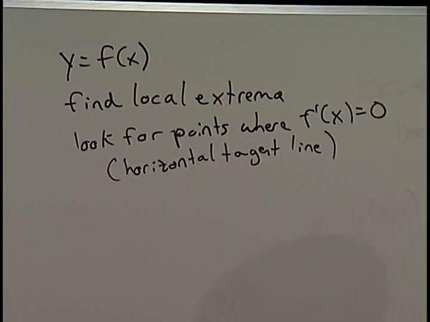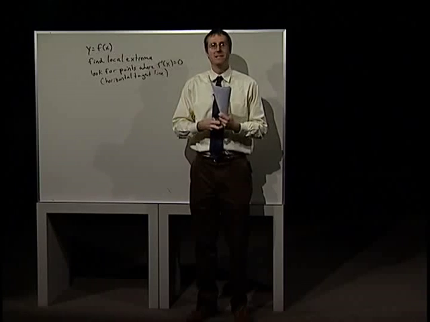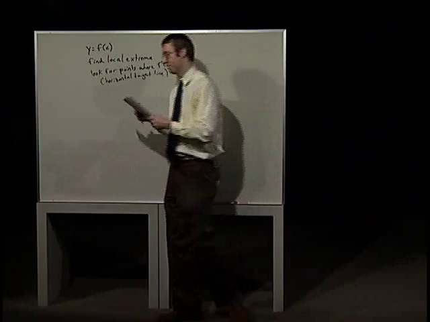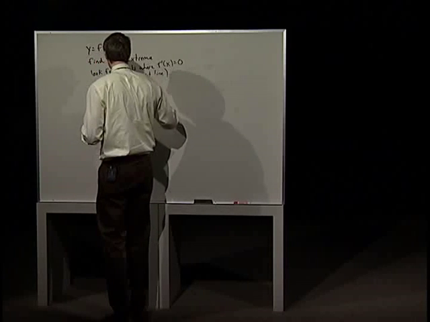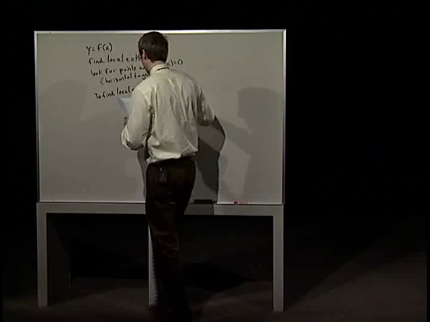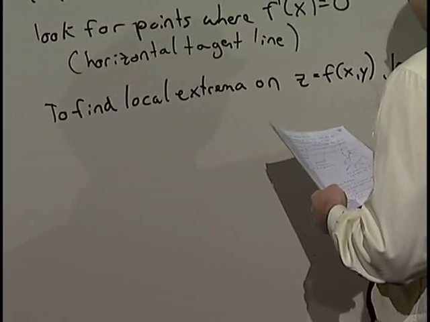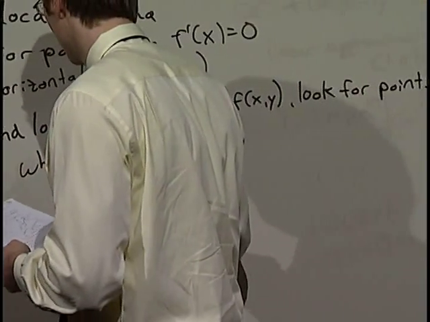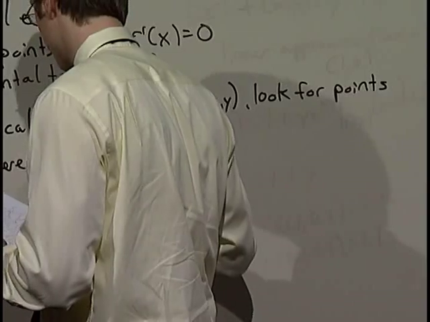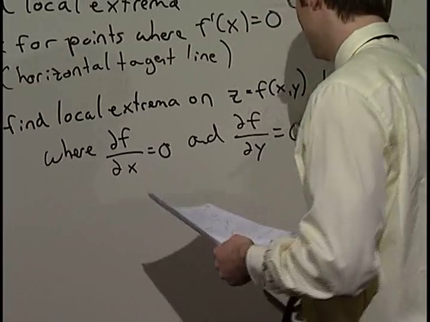Well, in the case of a function of two variables, you don't want a horizontal tangent line. You want a horizontal tangent plane, right? You want a plane that is parallel to the xy plane. It's horizontal, okay? So to find local extrema on z equals f of x, y, you look for points where partial f, partial x is 0, and partial f, partial y is 0.